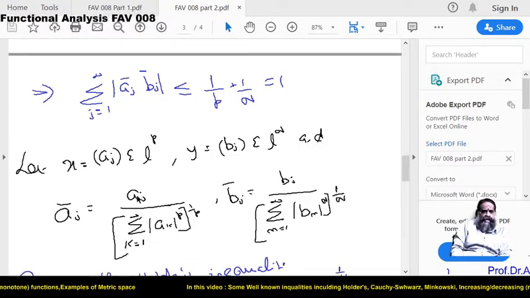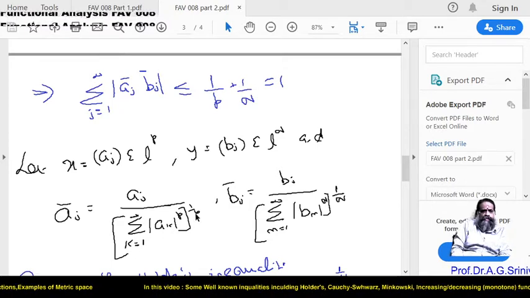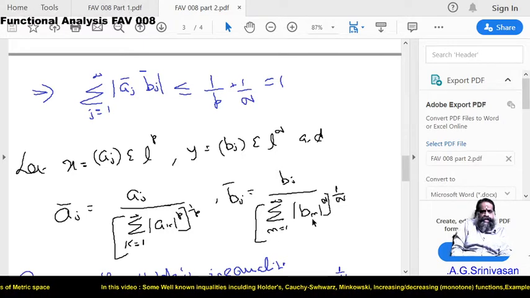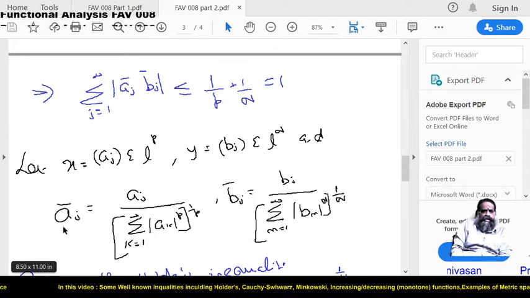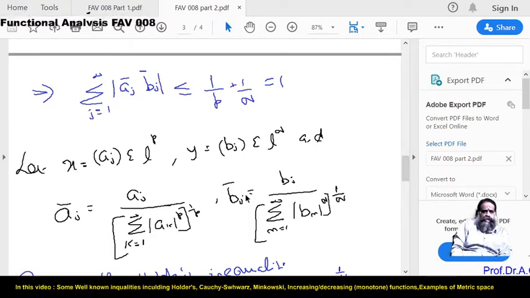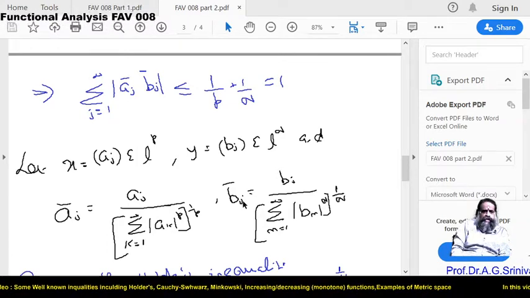Define aj bar as aj divided by (sum over k = 1 to infinity of |ak|^p) to the power 1/p, and bj bar as bj divided by (sum over m = 1 to infinity of |bm|^q) to the power 1/q. Then the sum of |aj bar|^p is going to be 1, and similarly the sum of |bj bar|^q is also going to be 1.